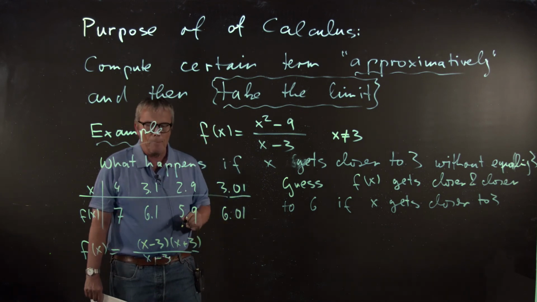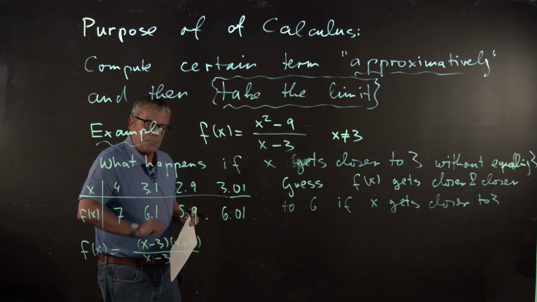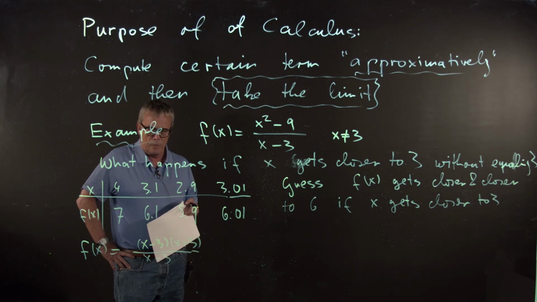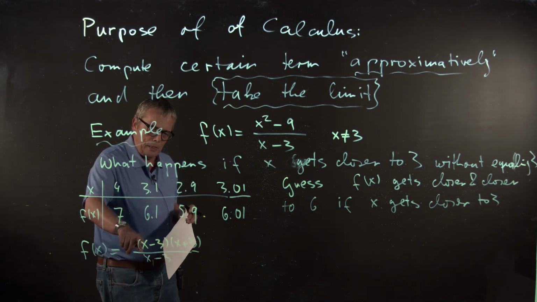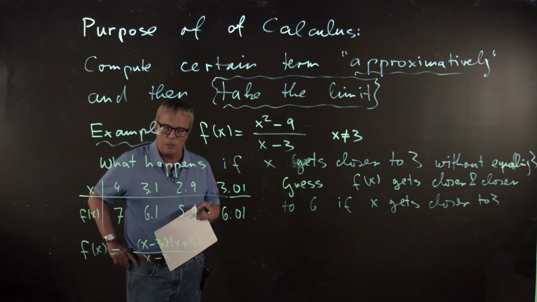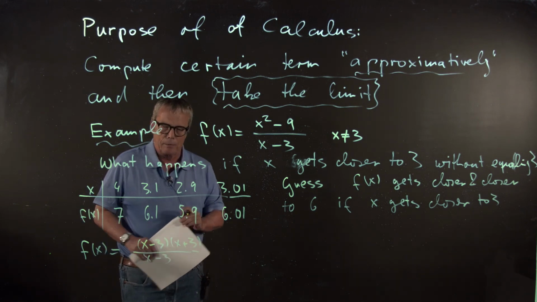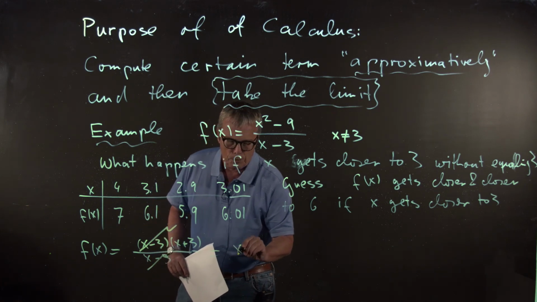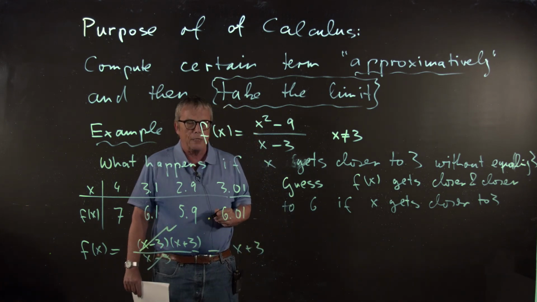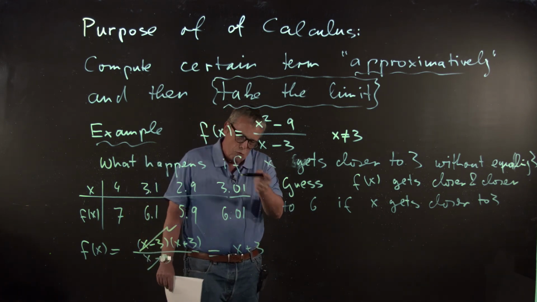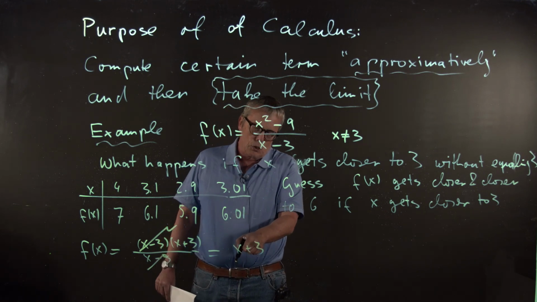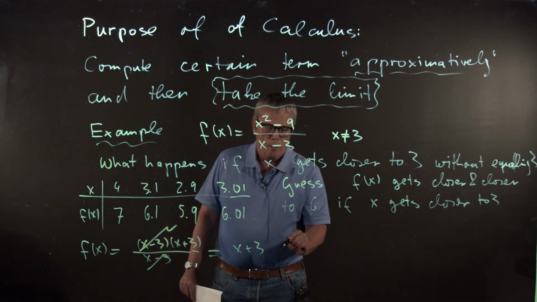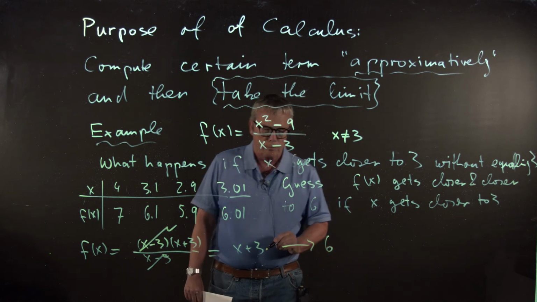But now we can say, I never let x be equal to 3. So x minus 3 is a number not 0. So you can cancel it. So this is x plus 3. Now, if you look at x plus 3, of course, you understand if x gets closer and closer to 3, this goes to 6.